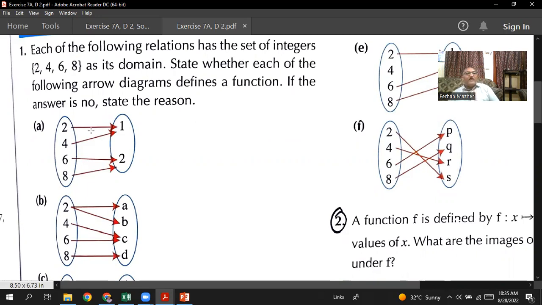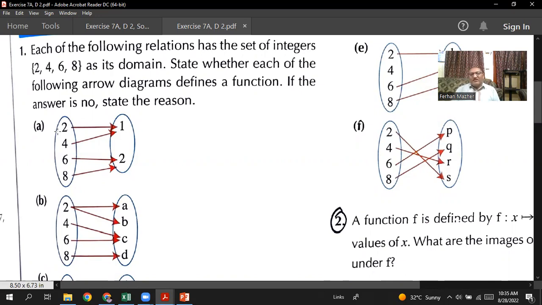If you look at this first function, this is called domain, and this is called codomain, or also called image. Every domain should have an image, and every domain should have a unique image.